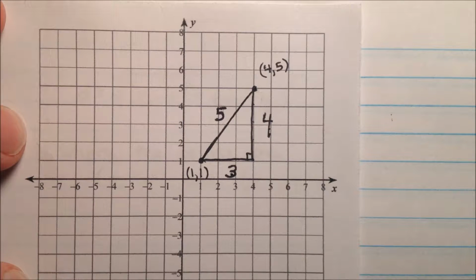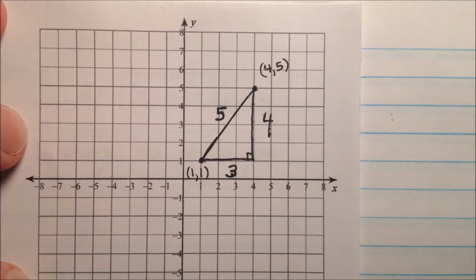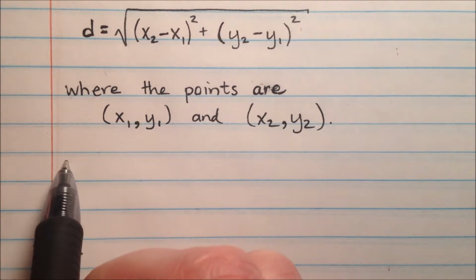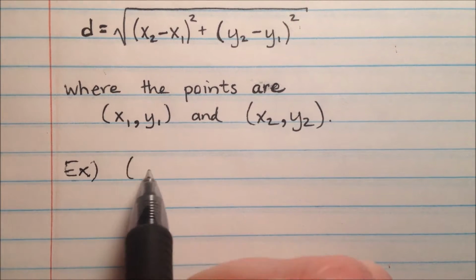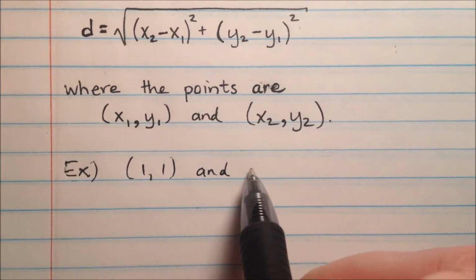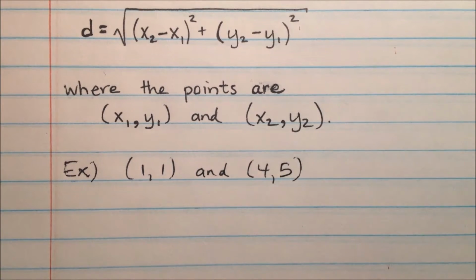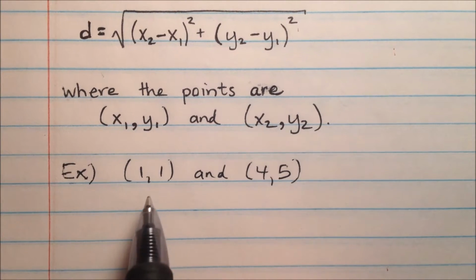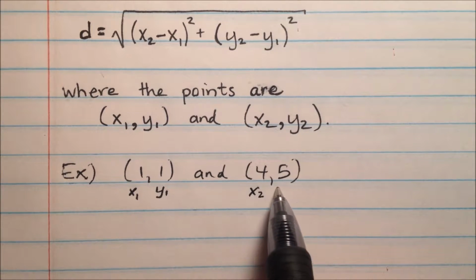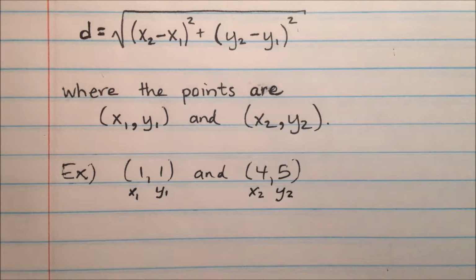So let's see what that looks like if we were to put this into an example using the distance formula. So our 2 points that we had were 1, 1, and 4, 5. Okay, so if I call this x1 and y1, and this is x2 and y2, then it's just a matter of plugging this stuff into our formula.